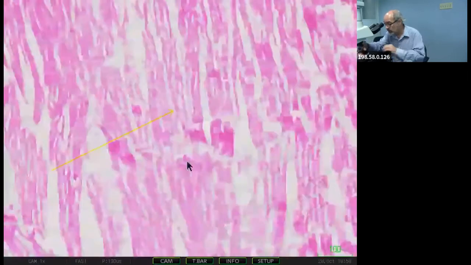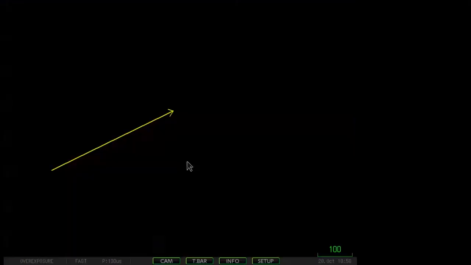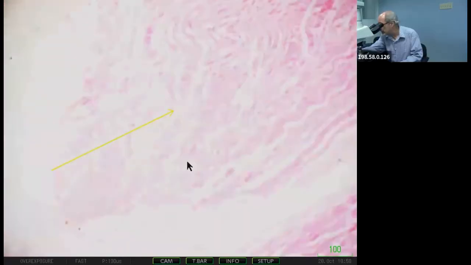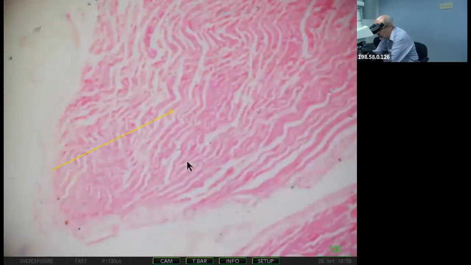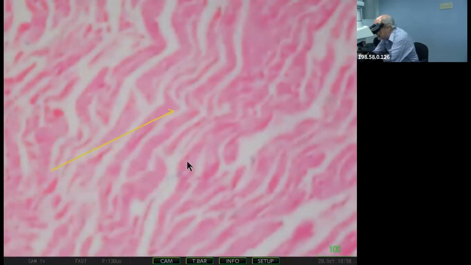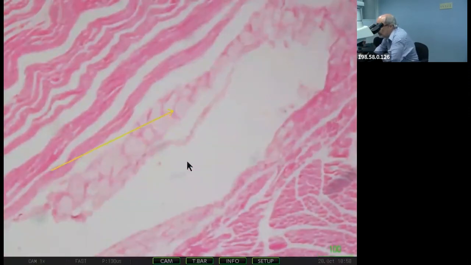Now, something I don't remember if I told you about or not. You have one special population of cells. We are still in the cardiac muscle, okay? Do you see the tip of the arrow?